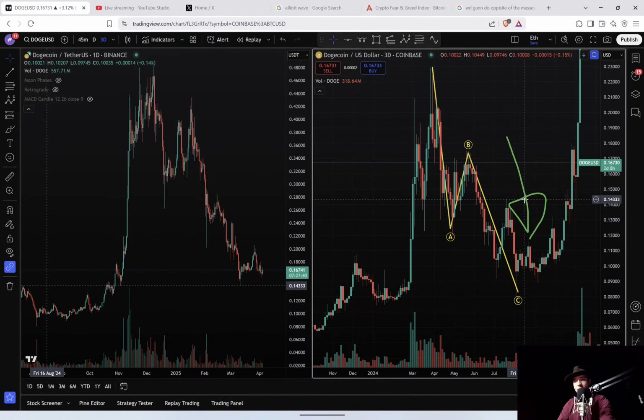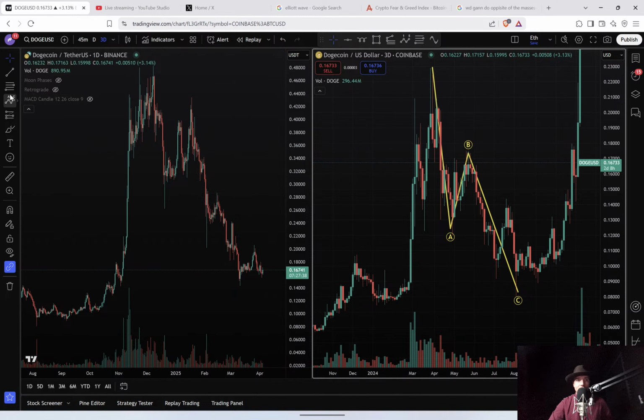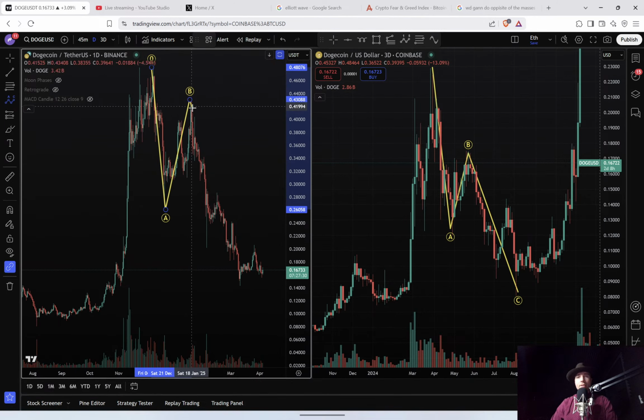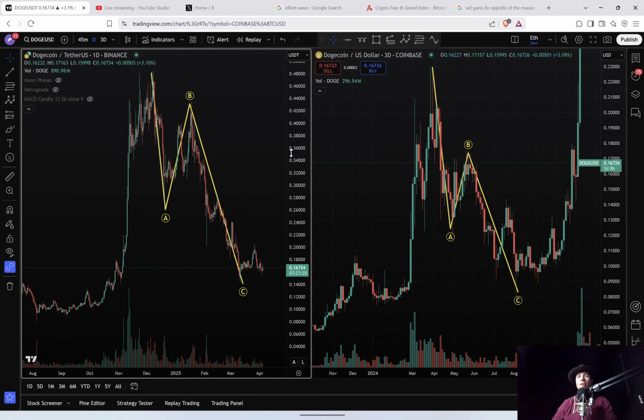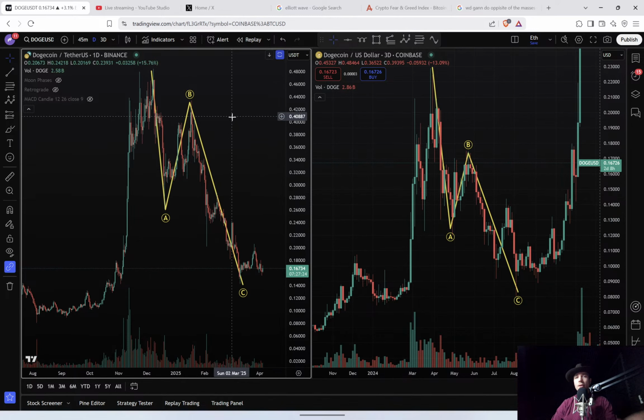So let's go ahead and compare these two charts together, and we've got analysis. We've got coins that you guys want me to do analysis on, so we'll do those in just a second. We've got an ABC correction on the right here, and we have an ABC correction on the left. The reason I'm showing you this is so that you guys can understand what it looks like when you have a full, complete Elliott wave cycle.